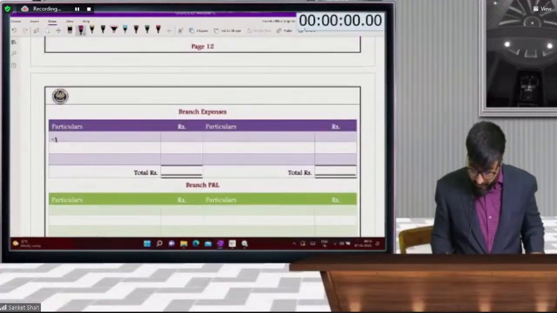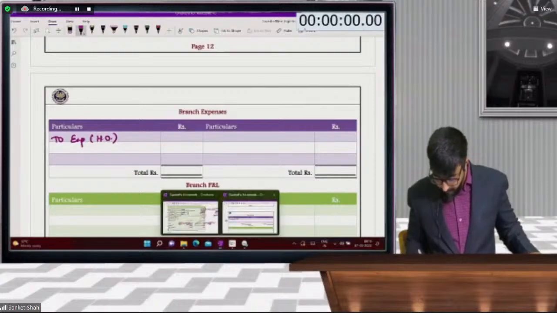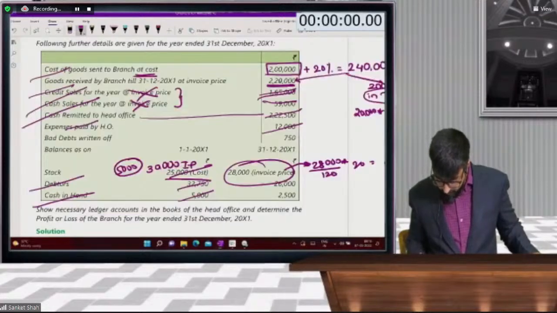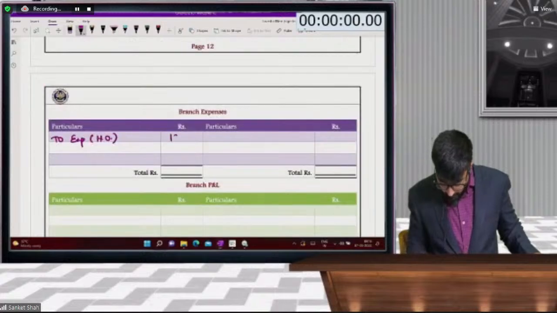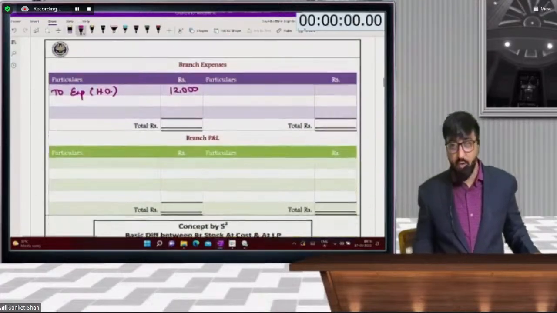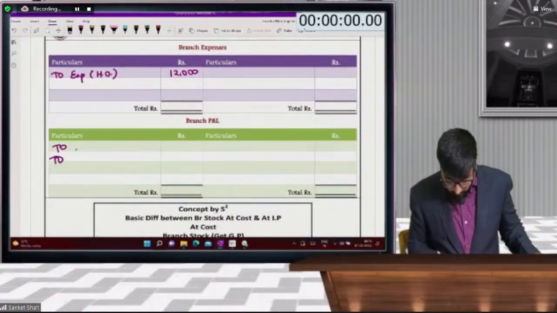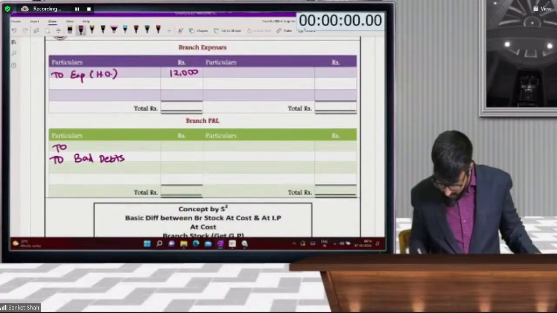So expense के debit में 2 expenses HO $12,000. And HO account is not open, so no second effect. Expenses to HO. Then P&L account, second line, not first line. Sorry. To bad debts.